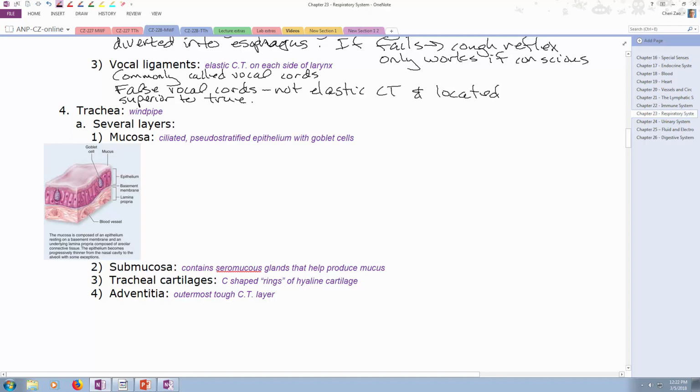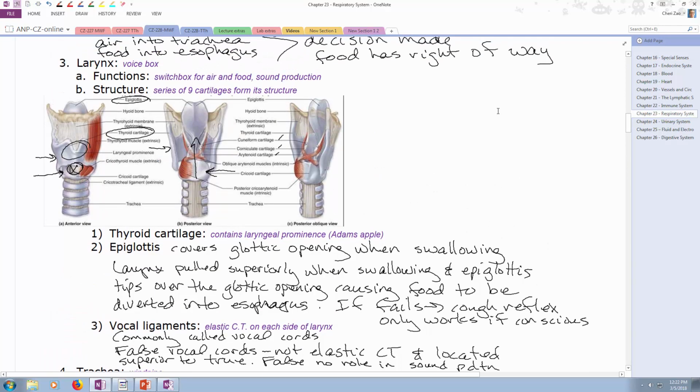False vocal cords have no role in sound production. And in our picture up above, these guys are the ones that most people will call our vocal cords, and those are the false vocal cords. Those are the first things that you see. In order to find the true vocal cords, you have to look internal in order to find them.